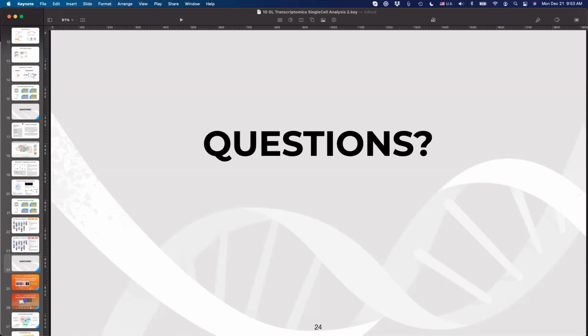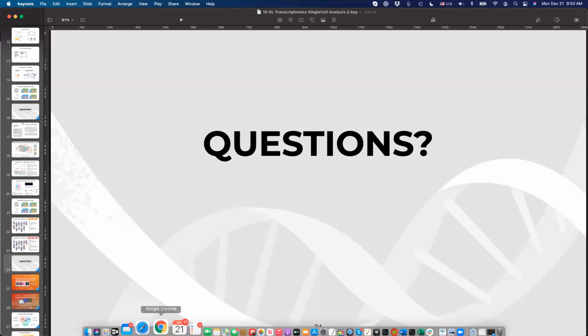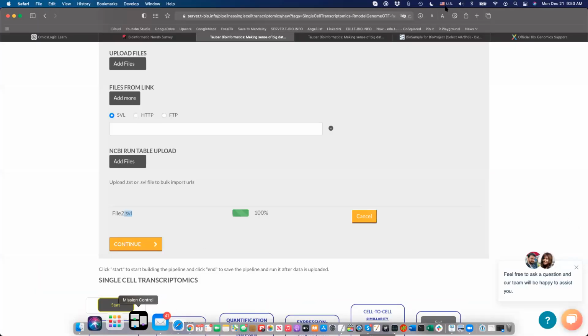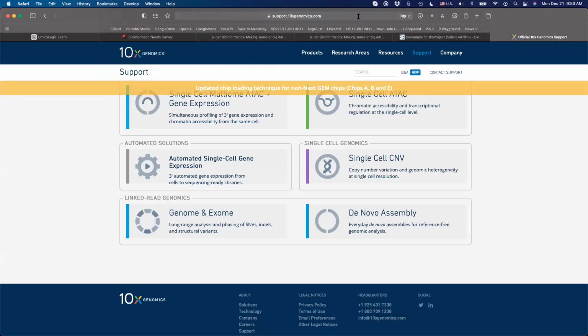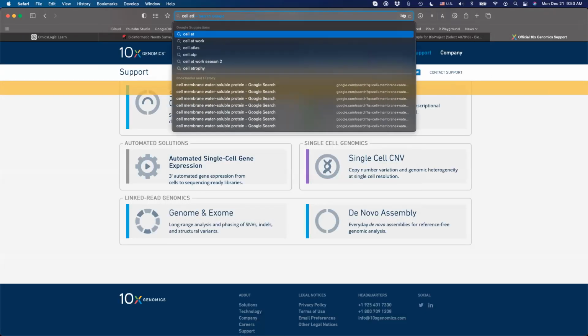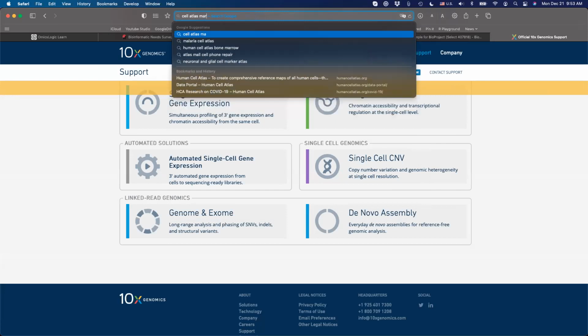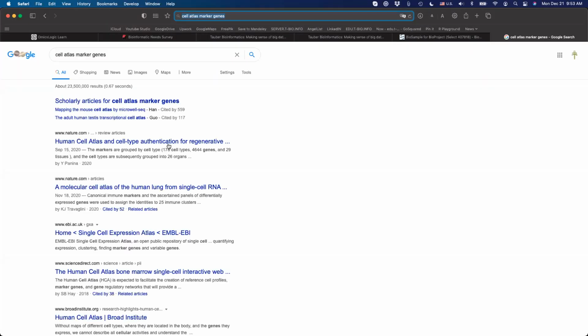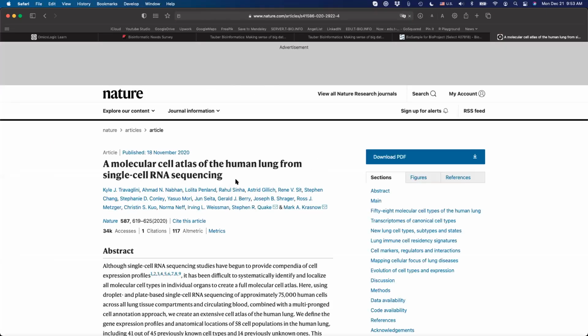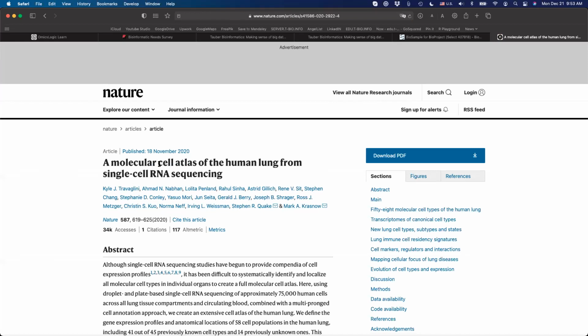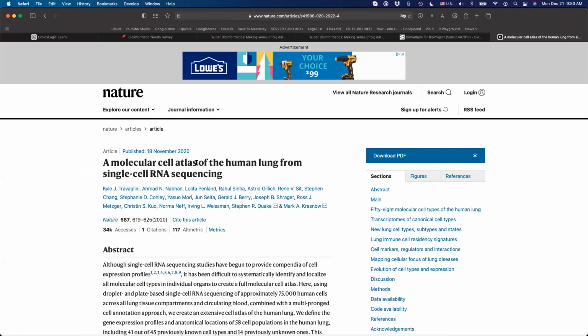You've probably heard of the cell atlas. If you look for cell atlas marker genes, there's this whole project to develop the markers for individual cell types based on sequencing many examples.